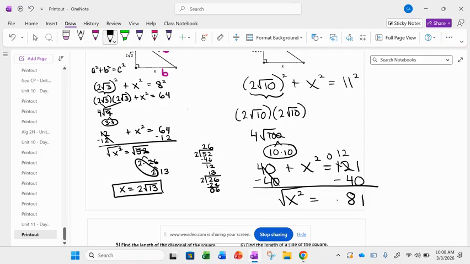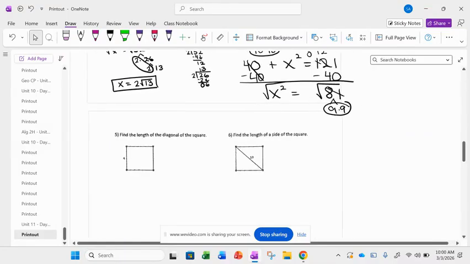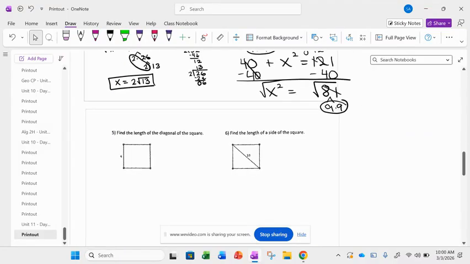Now we square root both sides. And I'm going to have x is equal to 81, I could split into 9 and 9. There's your pair. So x is just equal to 9, positive 9. How many people got that all the way through? Amazing. Good job, guys.